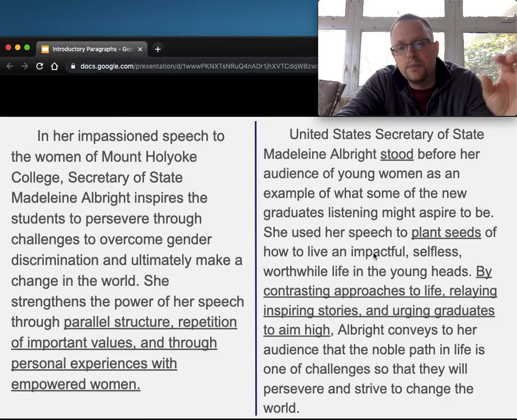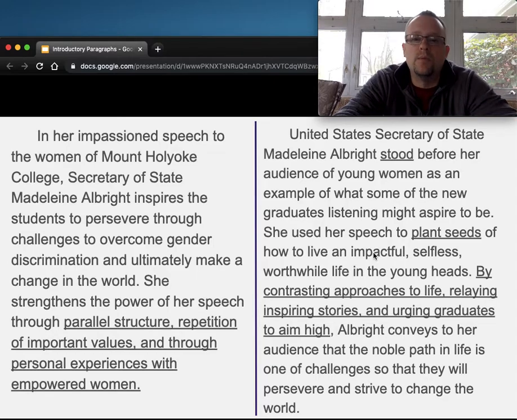But it seems to be geared a little more towards the sophistication that would be taking place. There's a better understanding of the rhetorical situation as you're able to picture Madeleine Albright standing before them, with the audience being referenced. What is it that she's trying to do? Plant seeds. What's the overall message? That the noble path in life is one of challenges, so they'll persevere and strive to change the world.